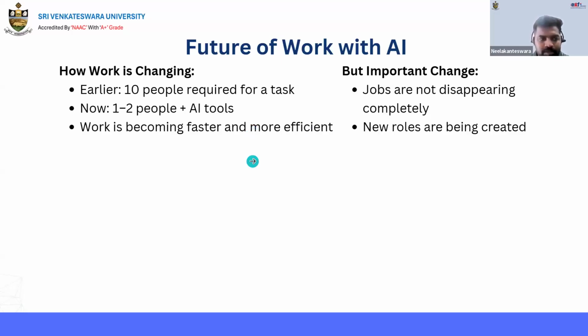Just remember, 80% of the routine work is handled by AI. To handle this routine work and the AI tools, we need 20% of the people. But the remaining 80% can transform themselves.